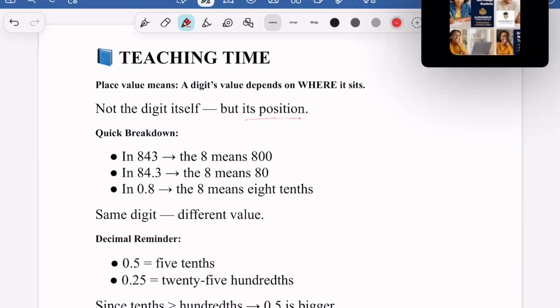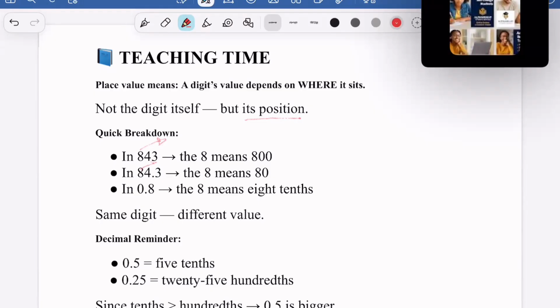In 843, this 8 is standing in the position of 100, which means your 8 means 800. But in 84.3, because of this decimal right here, this 8 is standing in the position of 10. 8 times 10, so your 8 will mean 80, because that is the position.